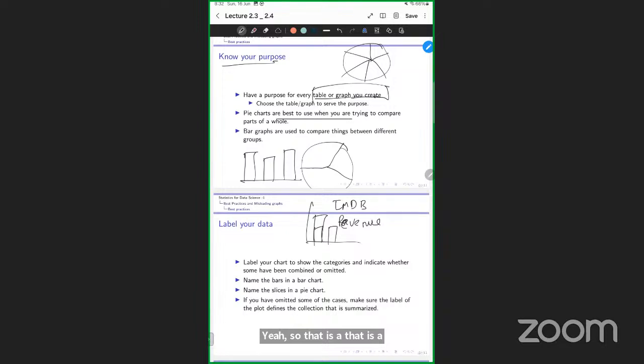And sir, if we have a very large number of categorical variables, which type of chart will we use then? Then also we can use a Pareto chart.